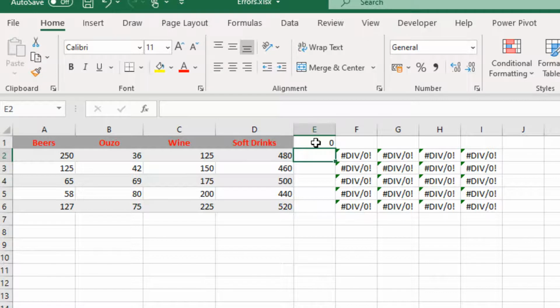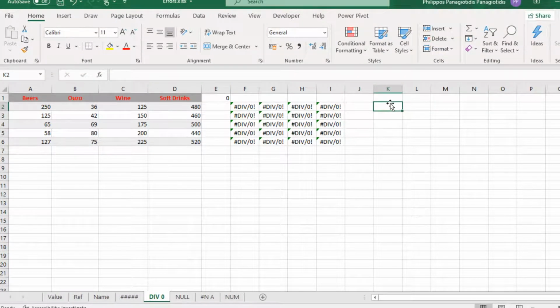We will get the error message #DIV/0!. Excel cannot divide by 0, so this is where we get a mistake. And usually in Excel, when there's a blank cell referenced in a formula, the blank cell is calculated as a 0.